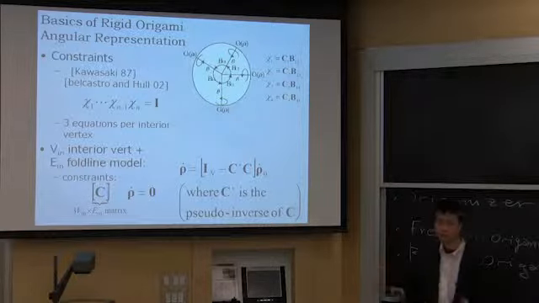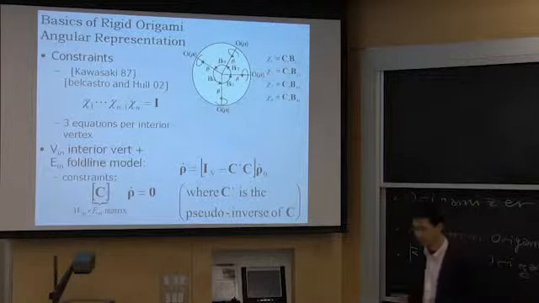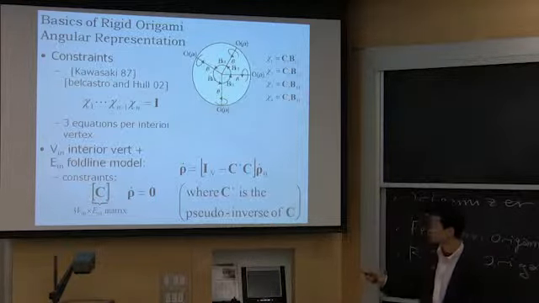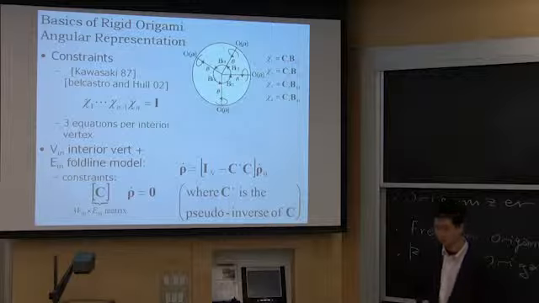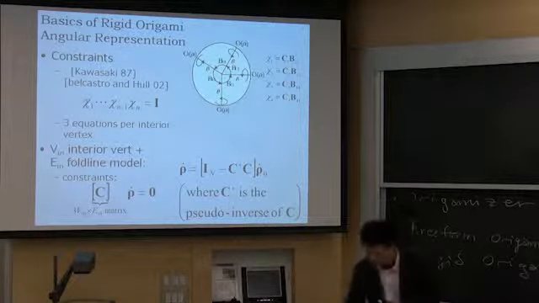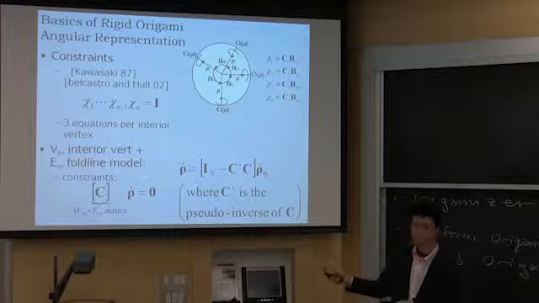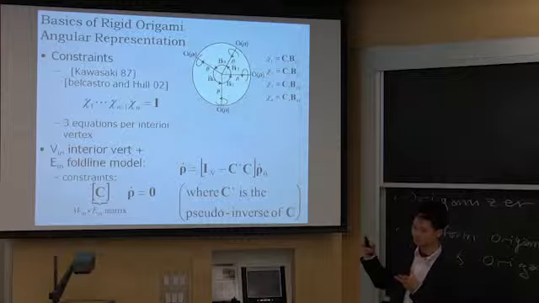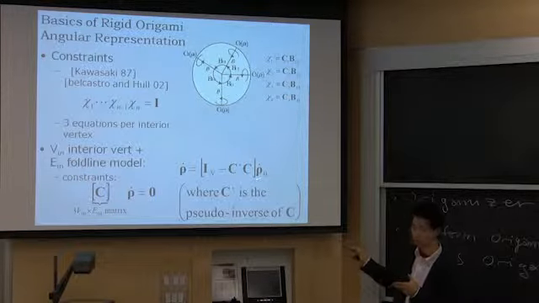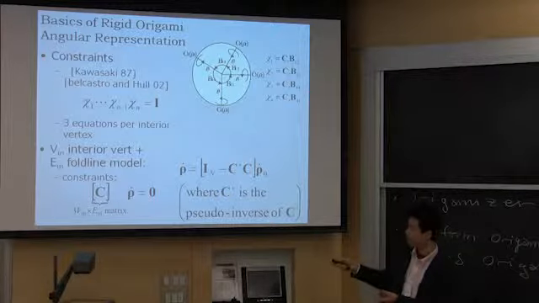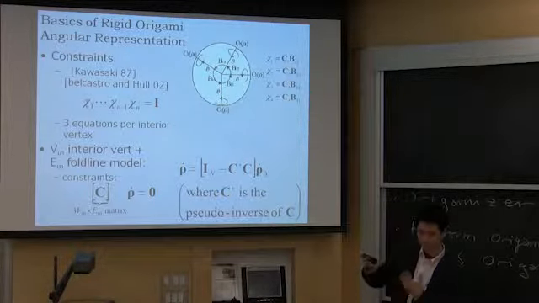And that will give an underdetermined system, so that you can simulate folding using a generalized inverse, so that you can search within the solution space by giving a kind of force that's applied to each of the edges, and then this results in the deformation that is valid.